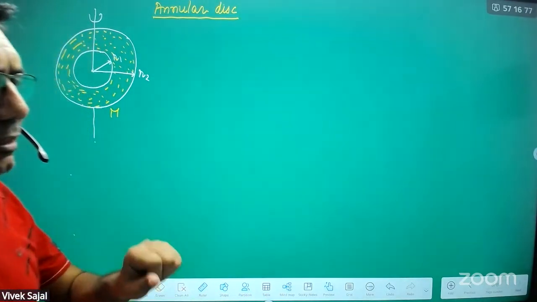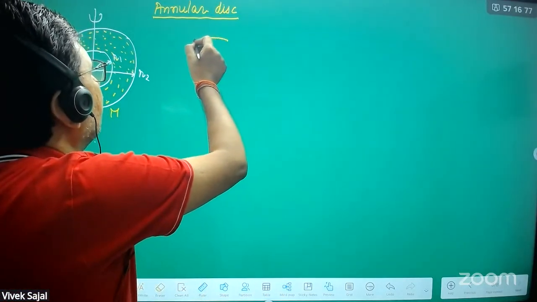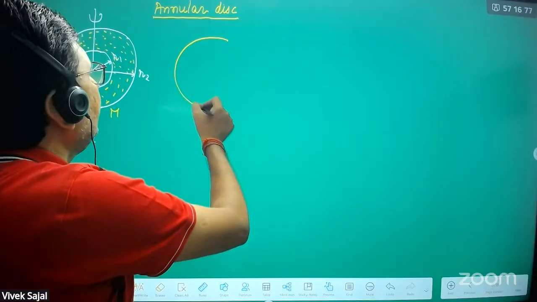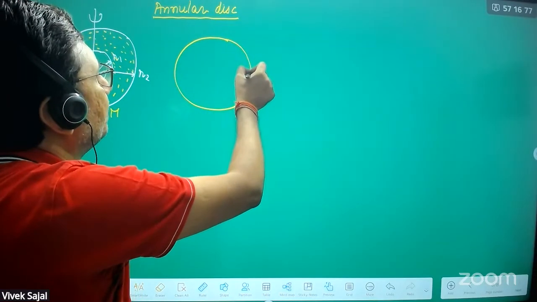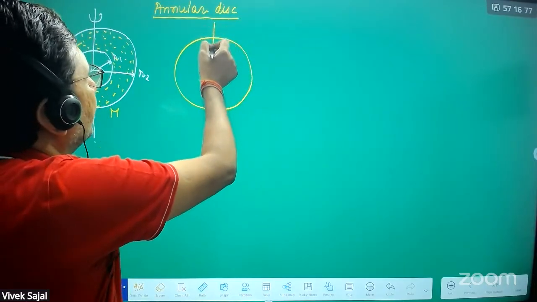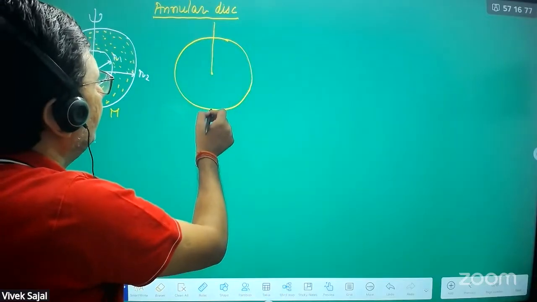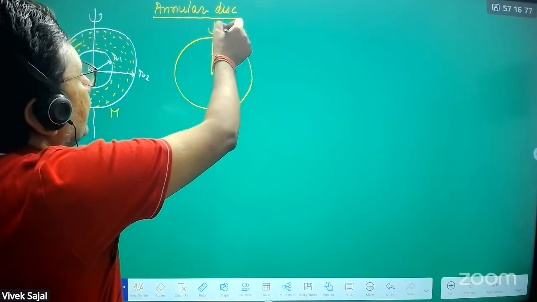So what is the basic here? Try to understand. This is the complete disk. ये complete disk. And this is the axis of rotation. And you call it a z-axis. ये z-axis है मेरा. ये complete disk है.